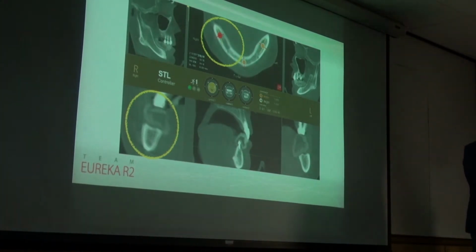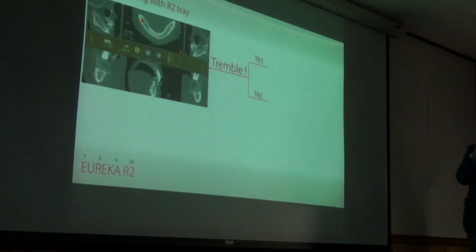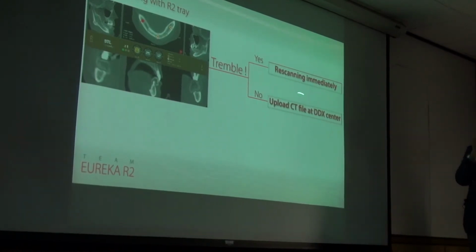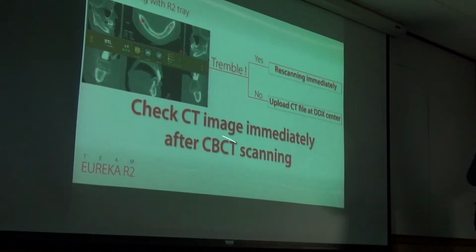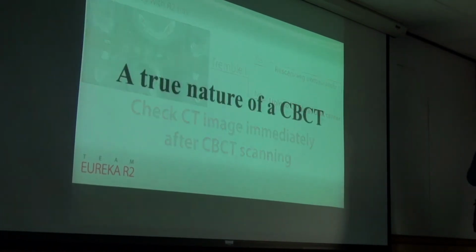So after CBCT taking, you have to check all sides of the operation site. It's very important. If you find trembling, rescan immediately and upload the CBCT to the hard center. It's a clinical tip. So checking a CBCT immediately is very important.